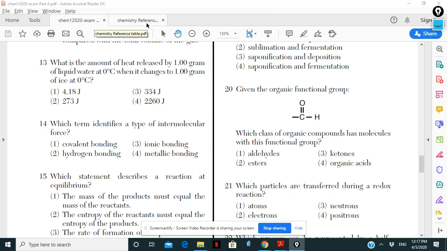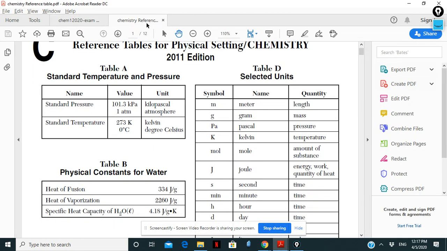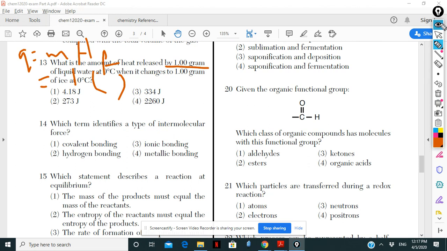It's in the front sheet, first page. Hf is 334, multiplied by 1. So when I multiply, it's giving me 334 joules. So the answer here is 3.